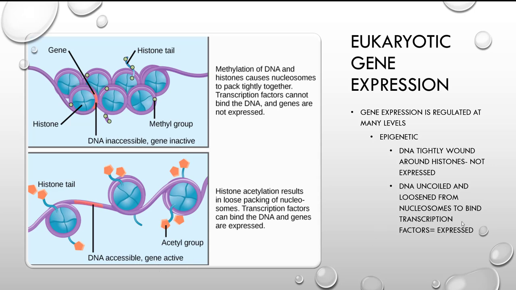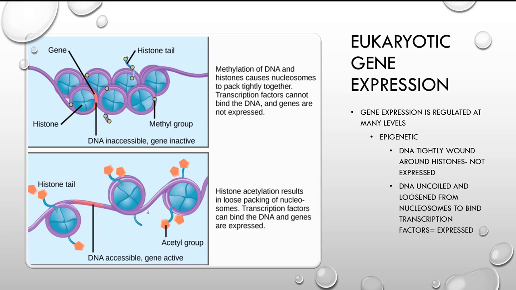So the nucleosomes are loosened, and the transcription factors can now be bound to it. Okay, and this is due to what's called histone acetylation. So that's basically where we have everything kind of unwinding. So it's loosening up.